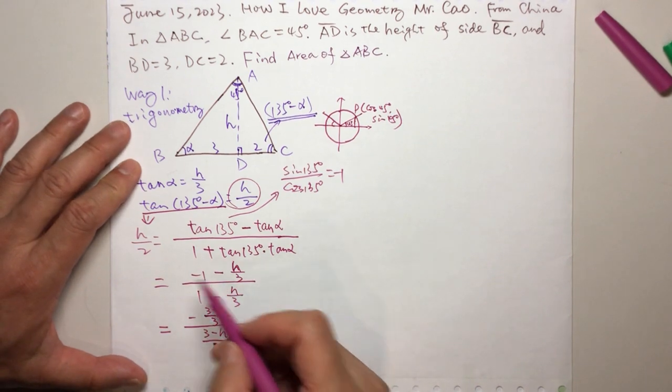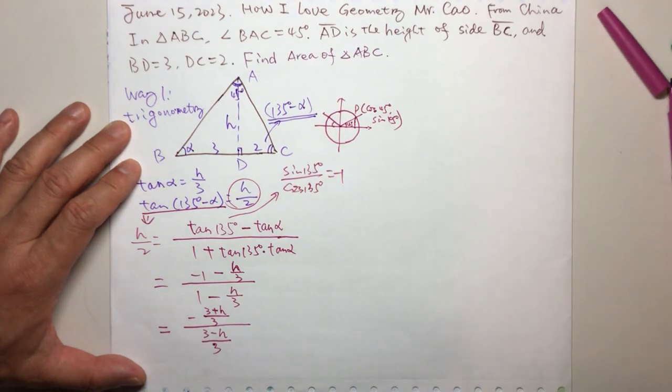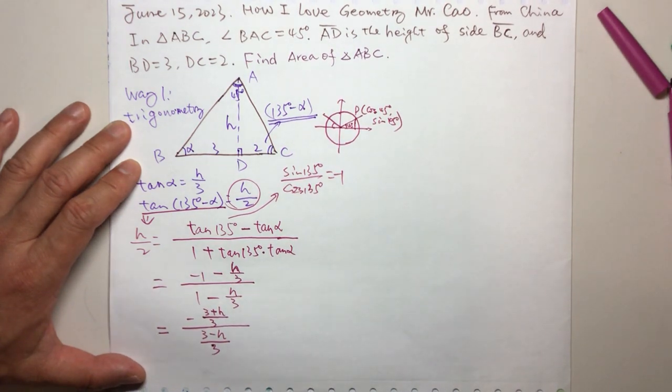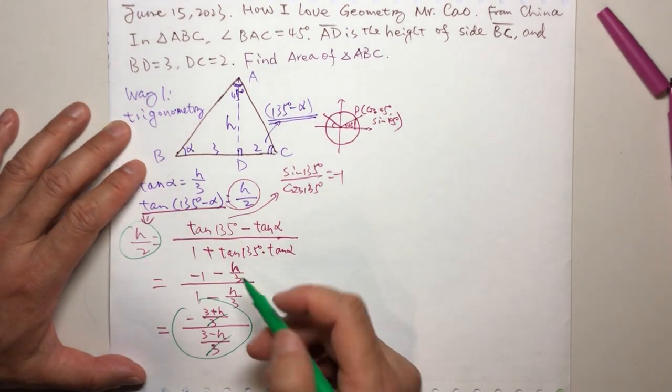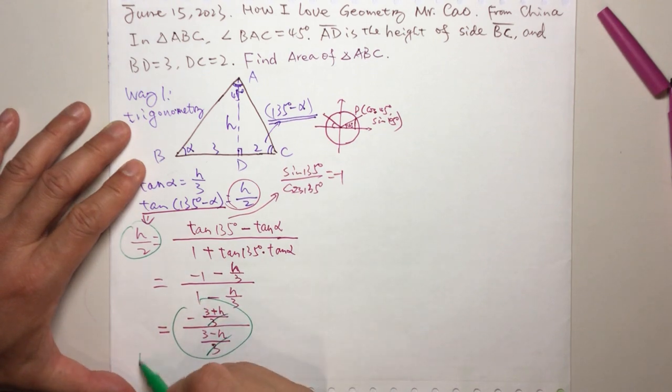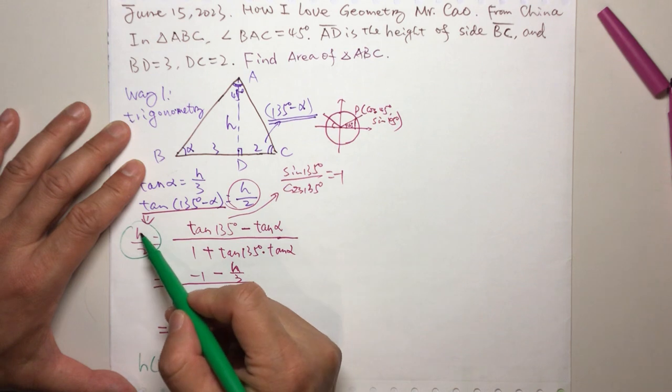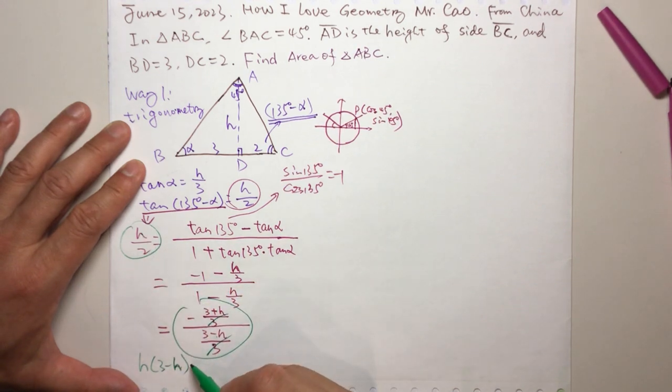Now we can use cross multiplication here, and the 3 and 3 cancel. So h times 3 minus h, this times this one equals -2 times 3 plus h.